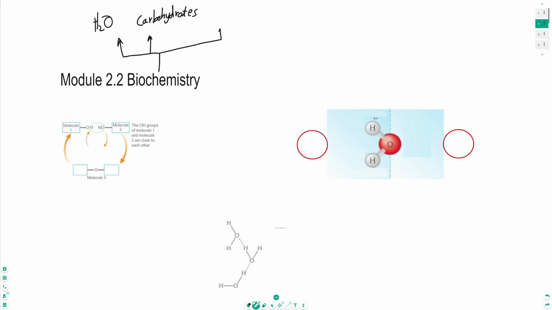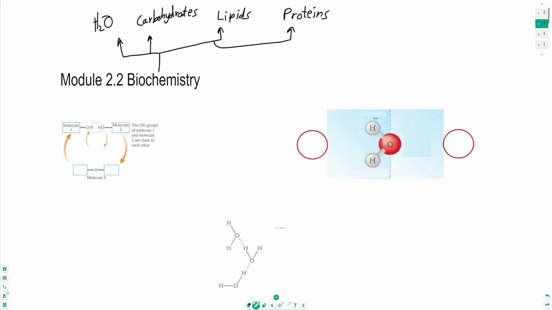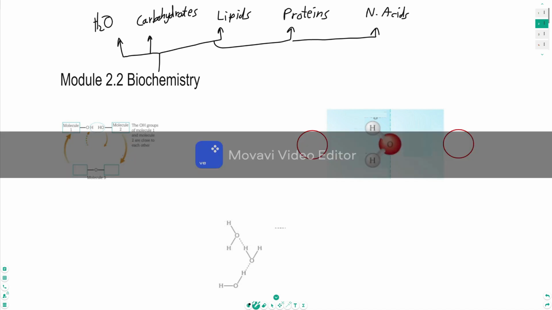The third one is lipids. This next one is proteins. And we also have DNA, RNA, so nucleic acids, but we won't worry about them for this topic. So in this first video, I'm only going to be focusing on water and carbohydrates.